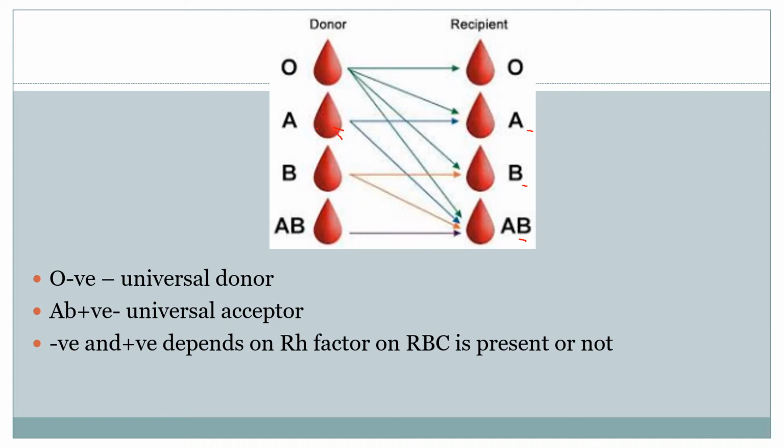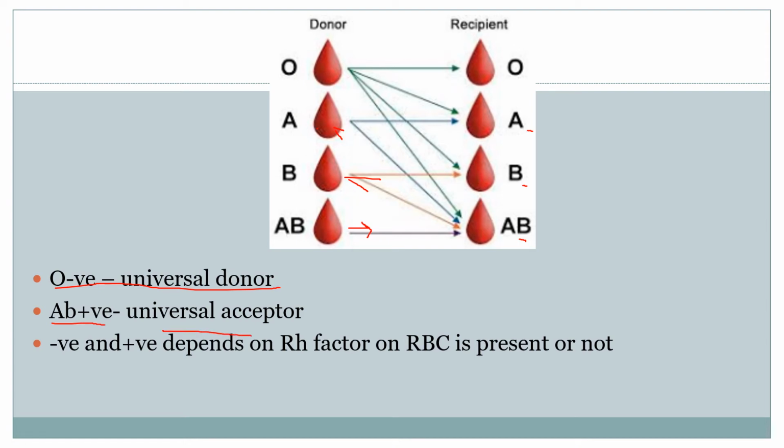Next, B can give blood to B as well as AB, and AB can give to AB only. Hence, the O negative blood is said to be the universal donor and AB positive is said to be the universal acceptor. Then what do you mean by negative and positive?